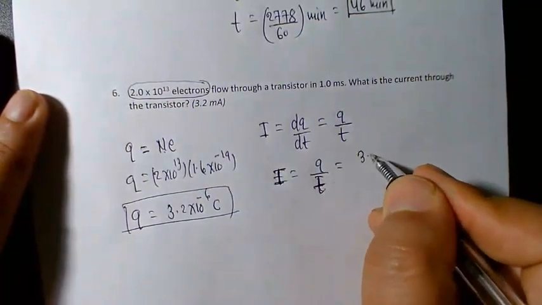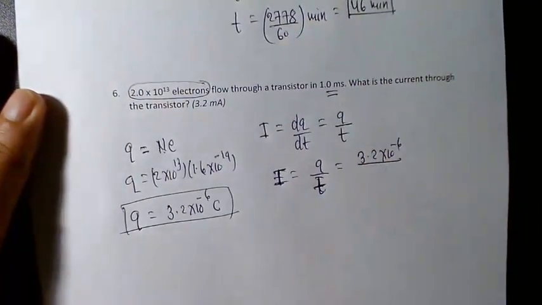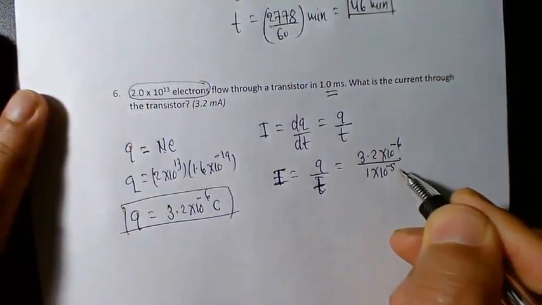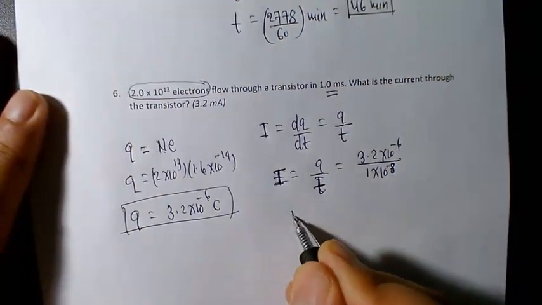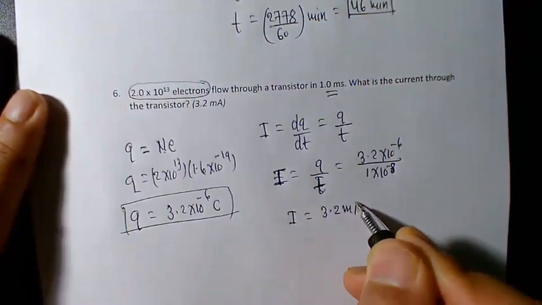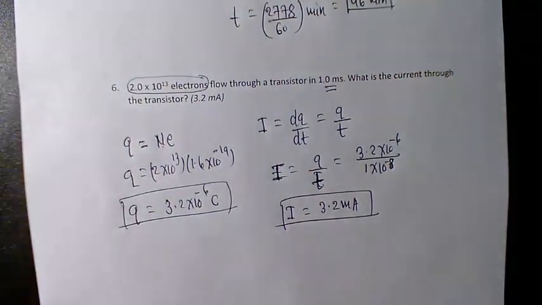So total charge is 3.2 × 10^-6. Total time is 1 millisecond, so you must convert into seconds. Millisecond is 10^-3 seconds. So that's the current: 3.2 milliamp. You can just keep it in amps or convert into milliamps.